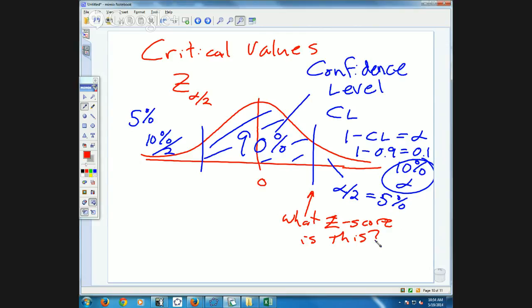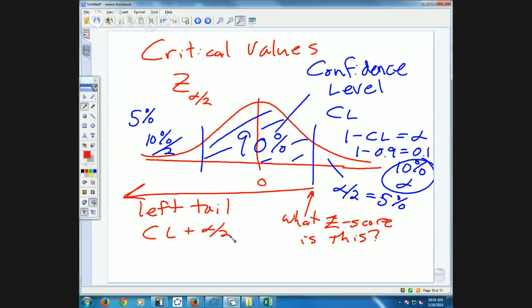It only works on left tails. So to find this z-score, I need to know what is in the left tail. What's the percentage in this particular left tail? It's my confidence level plus that alpha over 2 in the other tail, which is 90% plus 5%. So do you guys agree my left tail has 95% in it?